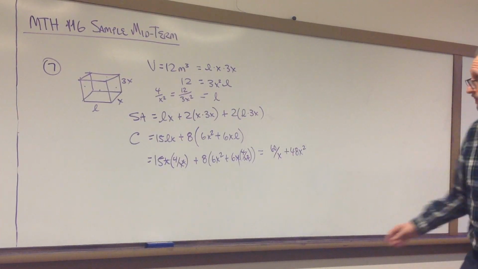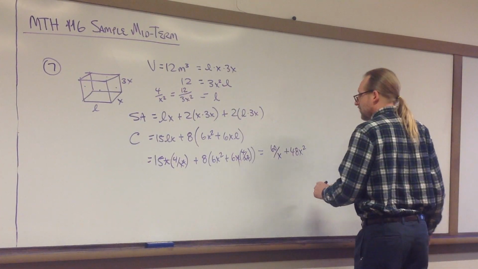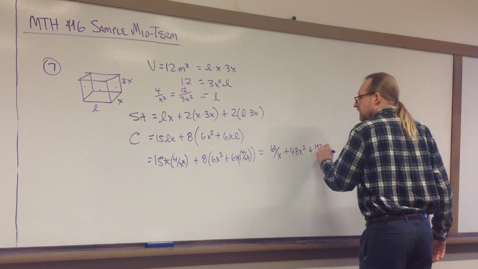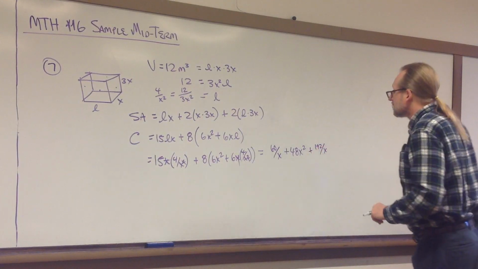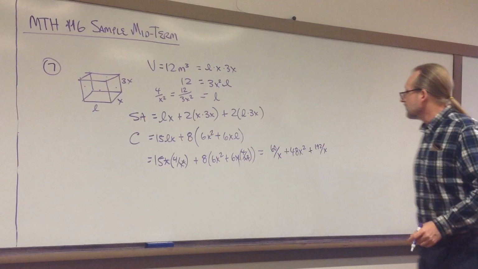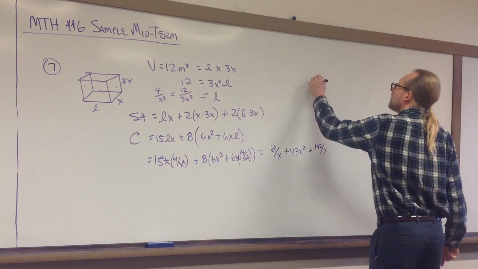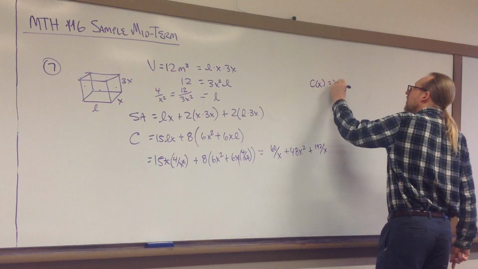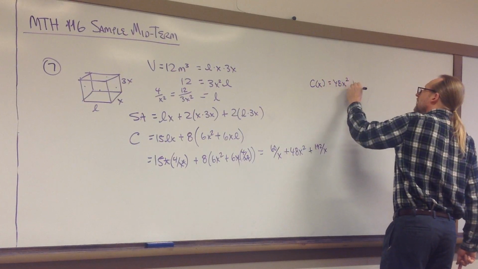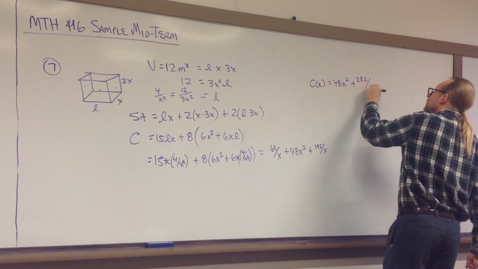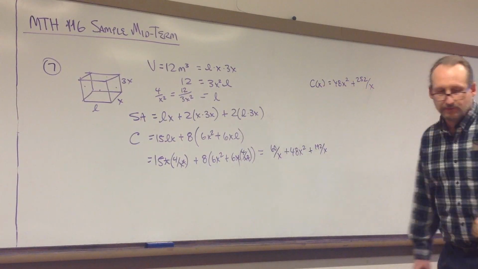Okay. So 192 over x. We can actually combine these two if we want to. That would be 252. So I'm going to use a cost function here: 48x squared plus 252 over x.